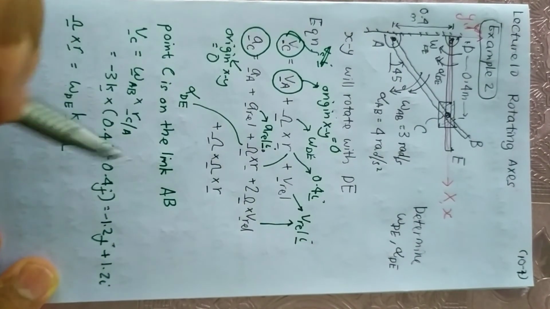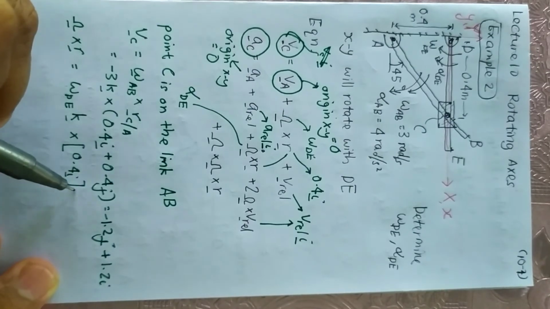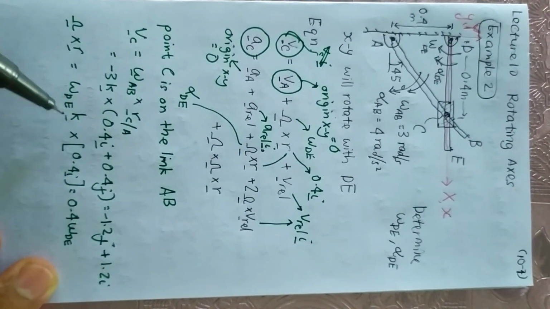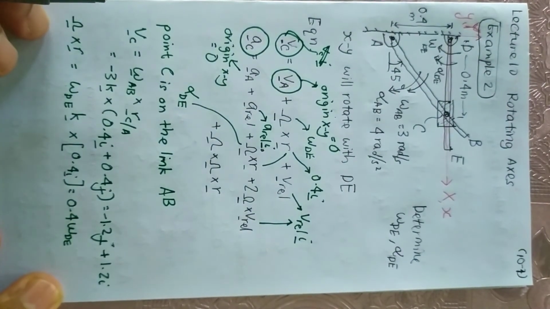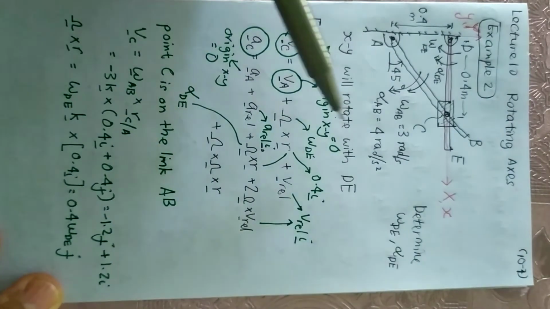R is given by 0.4i. So 0.4 omega DE k cross i, and k cross i is j, giving 0.4 omega DE j. We have solved this part.